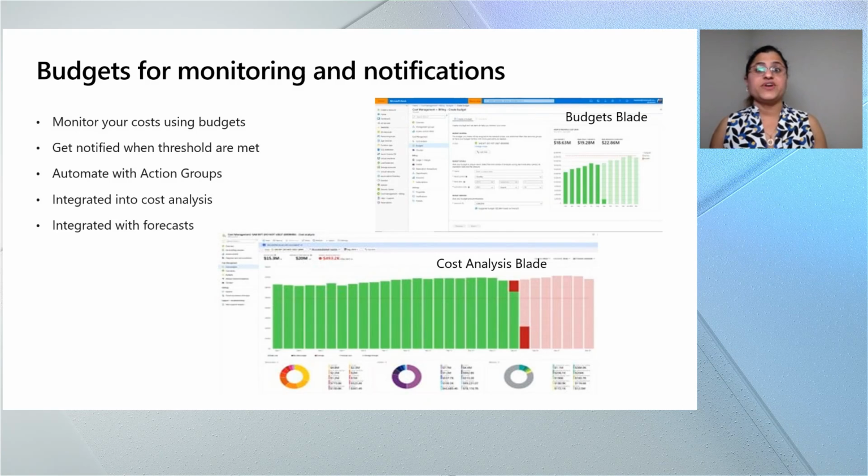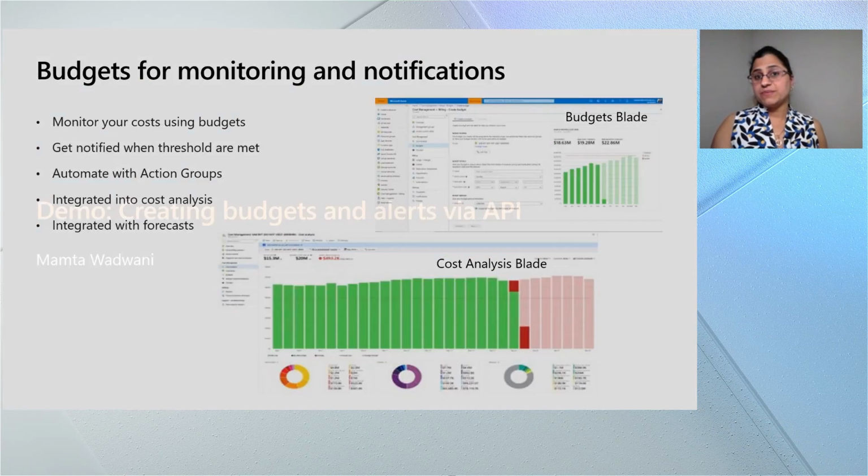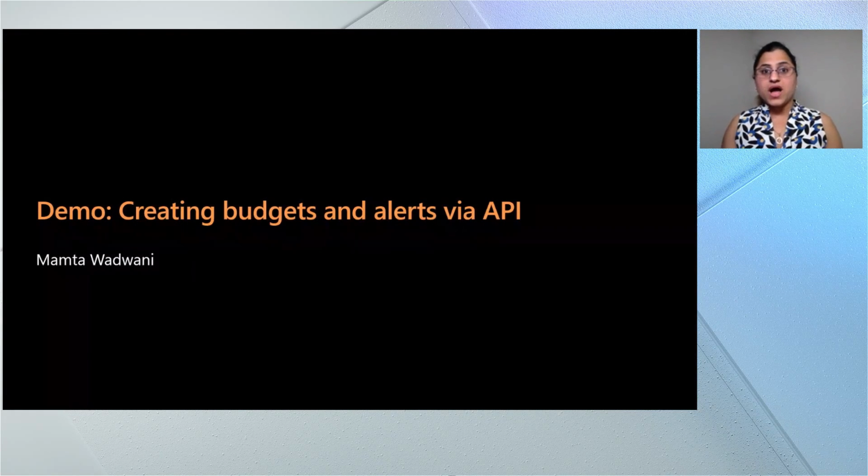You can set different notifications. Also, you can integrate them with action groups. Budgets are one of the key features where you can look into which resources are actually contributing to the monthly bill. Next, we have a pre-recorded video of how to create a budget using ARM client.